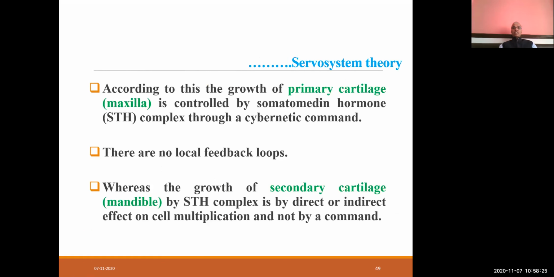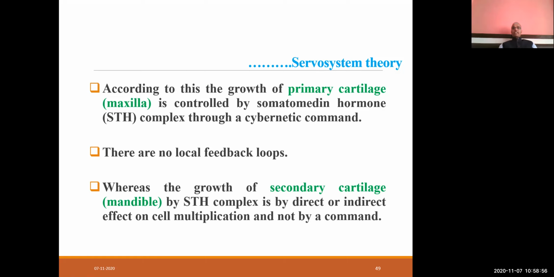So according to this, the growth of the primary cartilage, which is the maxilla, is controlled by the somatomedin hormone complex through a cybernetic form. And there is no local feedback loop for the growth of the maxilla, which is the primary cartilage. Whereas the growth of the secondary cartilage occurs at the head of the condyle by somatomedin hormone.